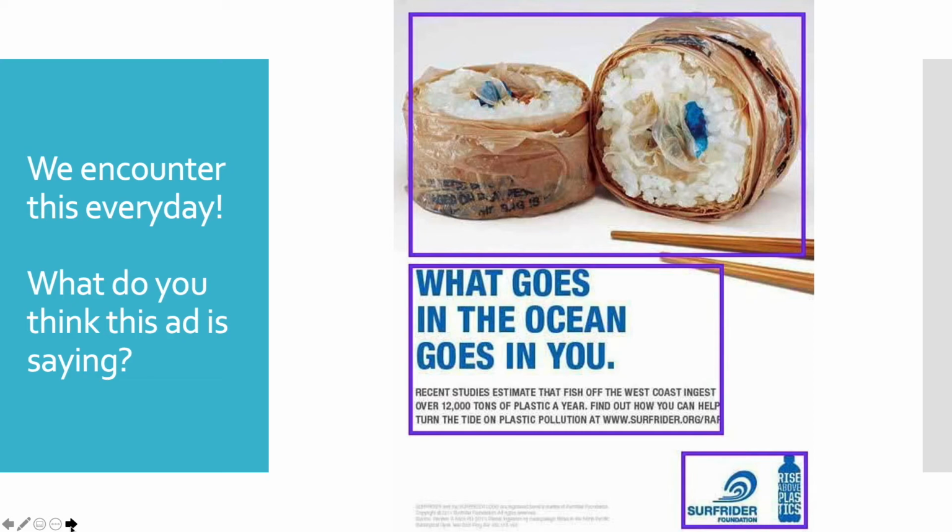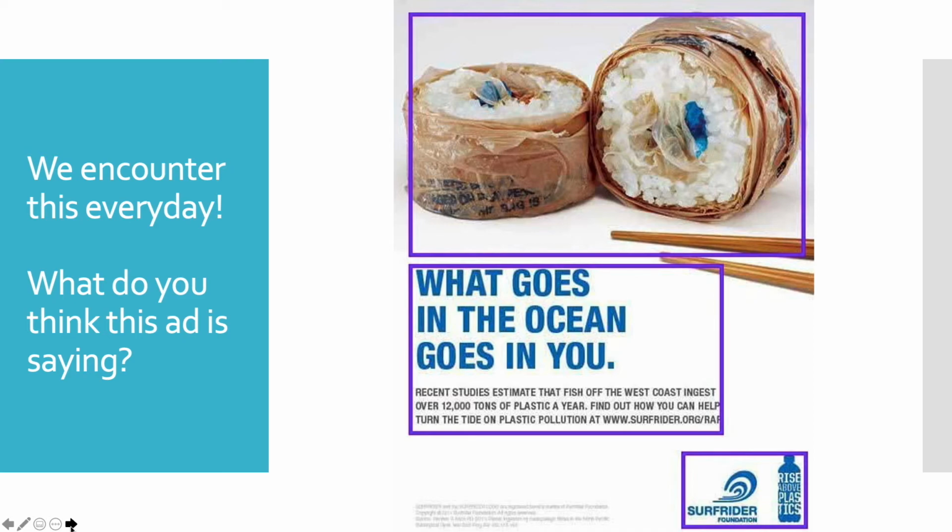If we say logos is the appeal to logic or evidence, take a look at this ad. Where do we see evidence? Where do we see an appeal to evidence? Well, if you look under the subheading that says what goes in the ocean goes in you, there is one sentence. Recent studies estimate that fish off the West Coast ingest over 12,000 tons of plastic a year.